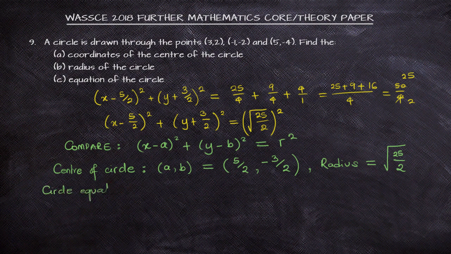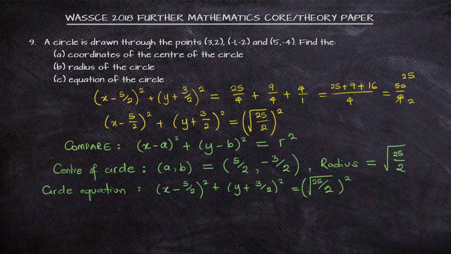Now, the equation of the circle, we could as well leave it as what we obtained before, x minus 5 over 2 all square plus y plus 3 over 2 all square is equal to the square root of 25 over 2 all square, or just ordinarily 25 over 2. Either of the two is the same.